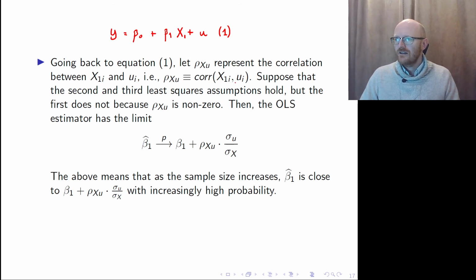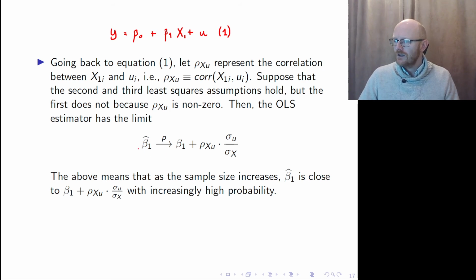So suppose that the second and third least squares assumptions hold, so there is no problem, but the first does not, because there is a correlation between the x1 variable and the residuals.